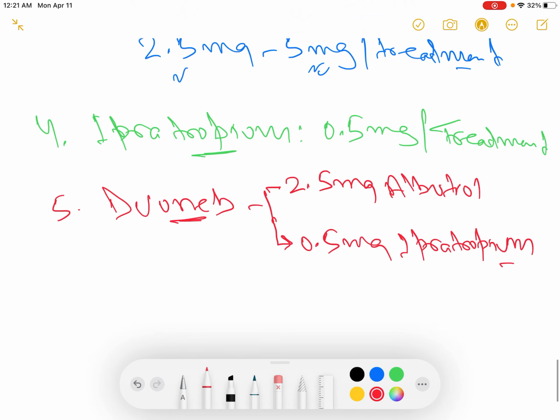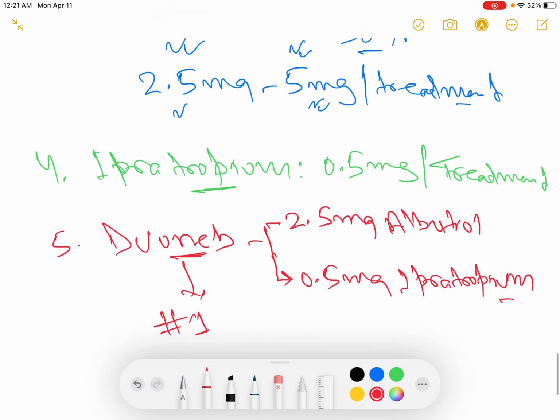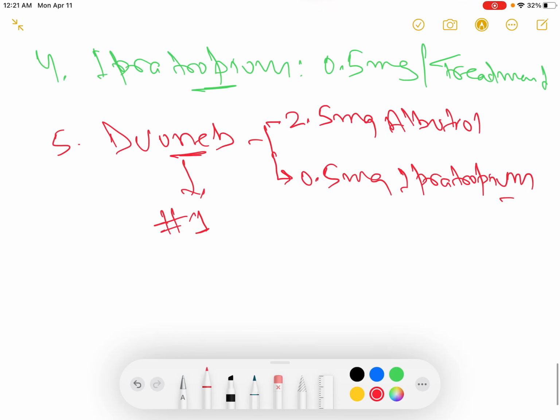So sometimes I just give them 1 DuoNeb treatment, and sometimes if I feel I want to give them 5 milligram of albuterol, then I order 1 DuoNeb treatment plus I add 2.5 milligram of albuterol. So this is the usual treatment.